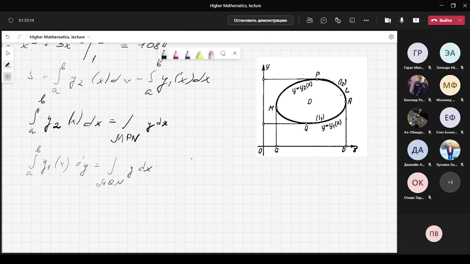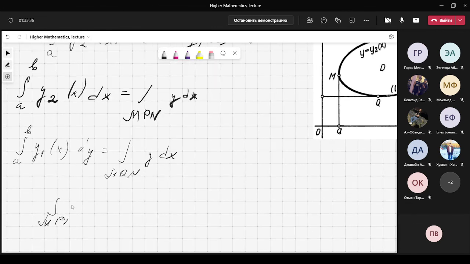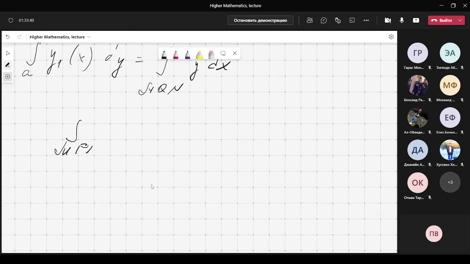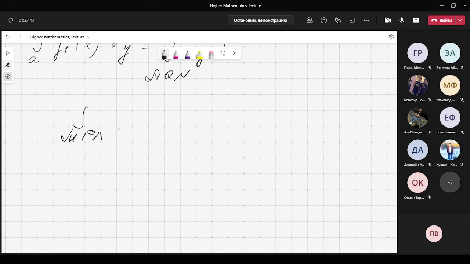By property 1 of the line integral, we have that the integral over MPN of y dx equals minus the integral over NPM of y dx.